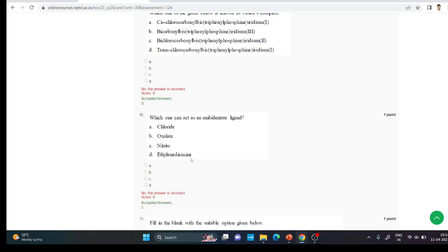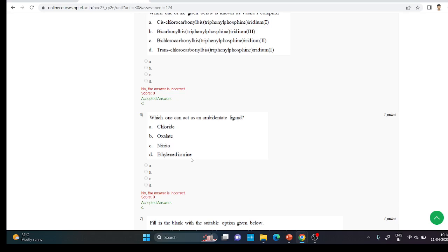Nitrito, okay. The important point is that here it is nitrite, right? I think you can go and check, otherwise I will just check, give me a second. It's already written nitrite, right? Basically nitro is your ambidentate ligand because it can be nitro N and nitro O, right?